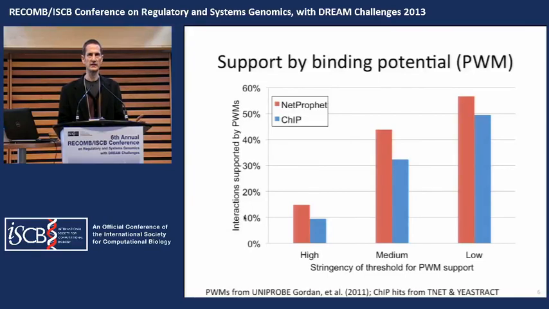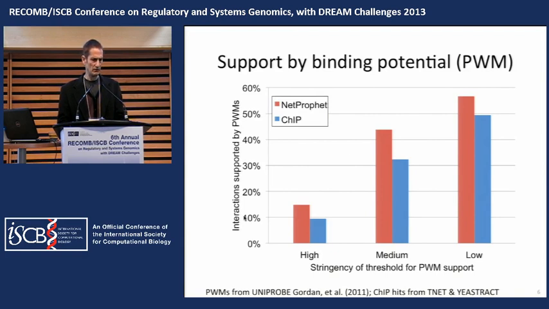So the data are completely independent of both the expression data and the ChIP data. And we computed the potential of each gene's promoter to bind each transcription factor. And we used three levels of stringency for what counts as adequate PWM support for a predicted direct binding relationship.